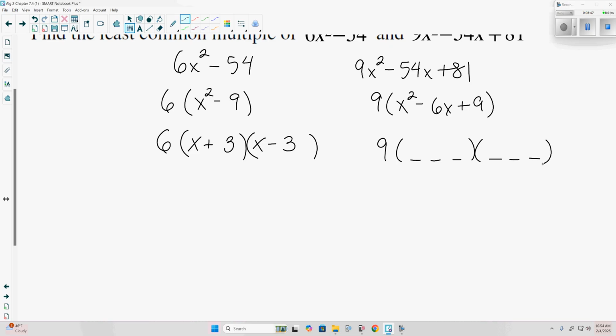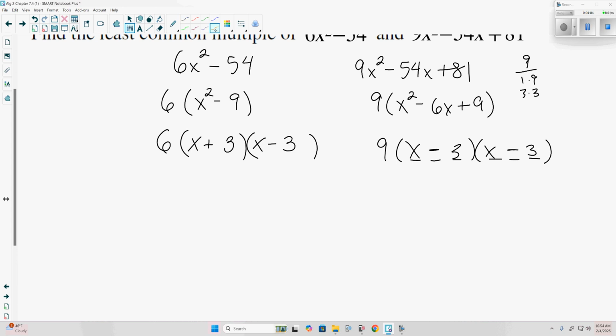The third term's positive, so the signs are the same and match the sign of the middle term. Negative, negative. Factors of x squared, factors of 9: 3 and 3.